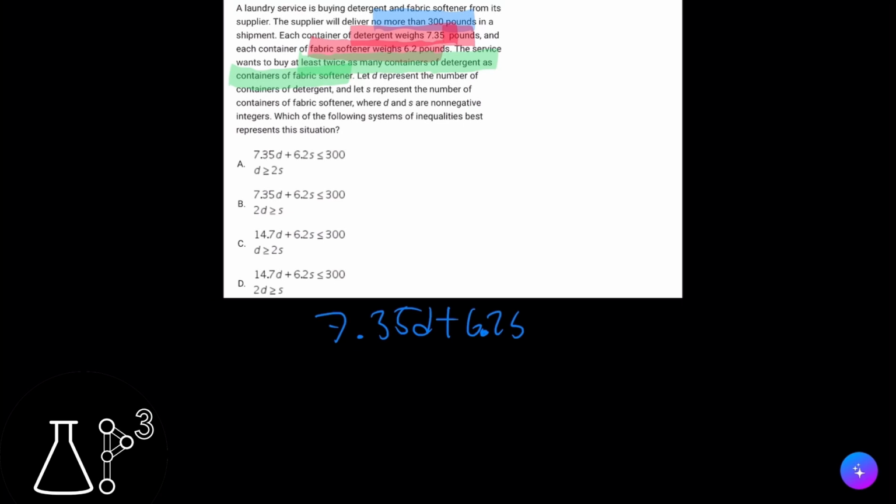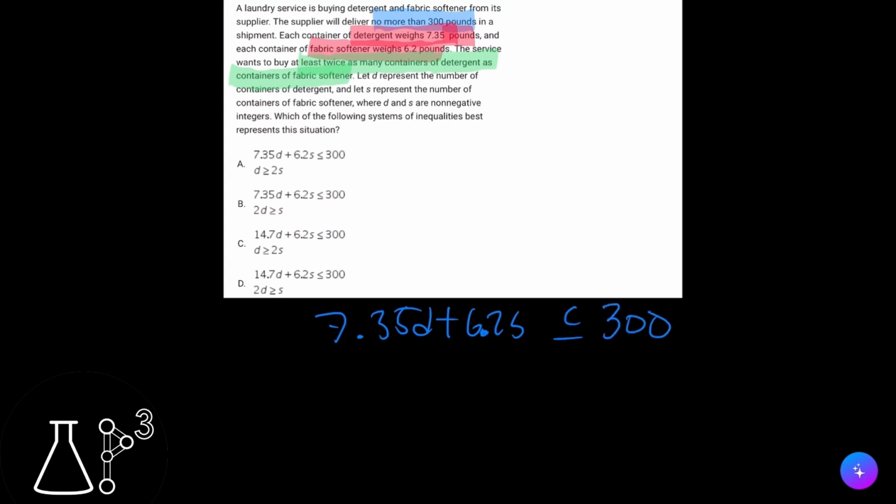If I have one fabric softener, that weighs 6.2, because they told me that each container weighs 6.2. If I have S, or two fabric softeners, each of them will weigh 6.2. I hope you see the pattern. And they tell me that it can be no more than 300. So both the detergent and the fabric softener together have to be less than or equal to 300 pounds.